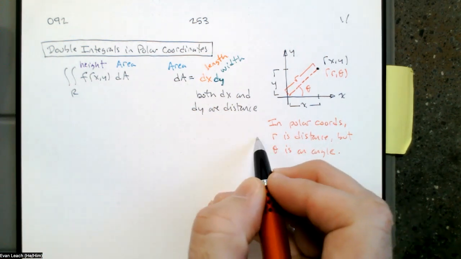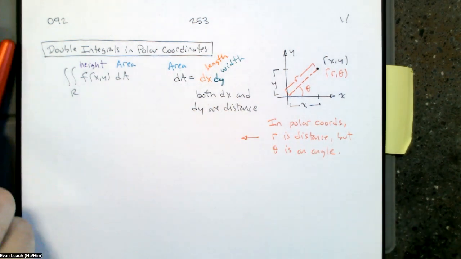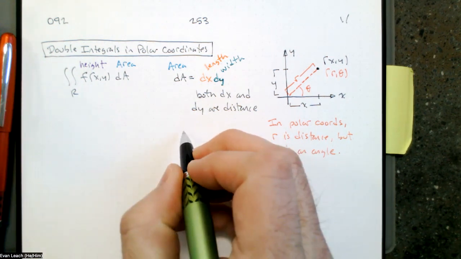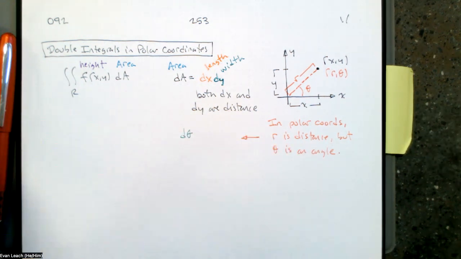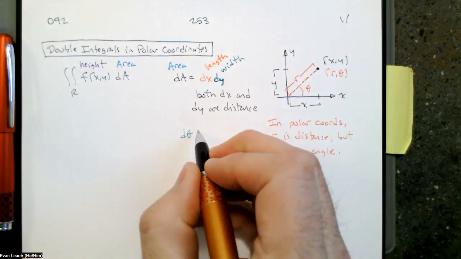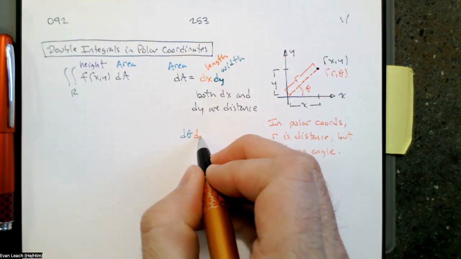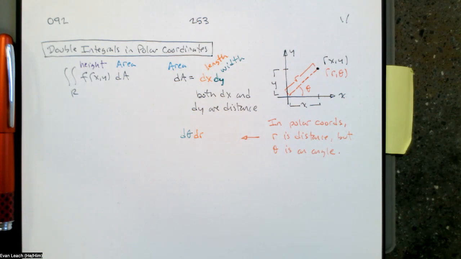So what this means is that d theta dr on its own does not represent area. I've got one distance multiplied by not a distance.